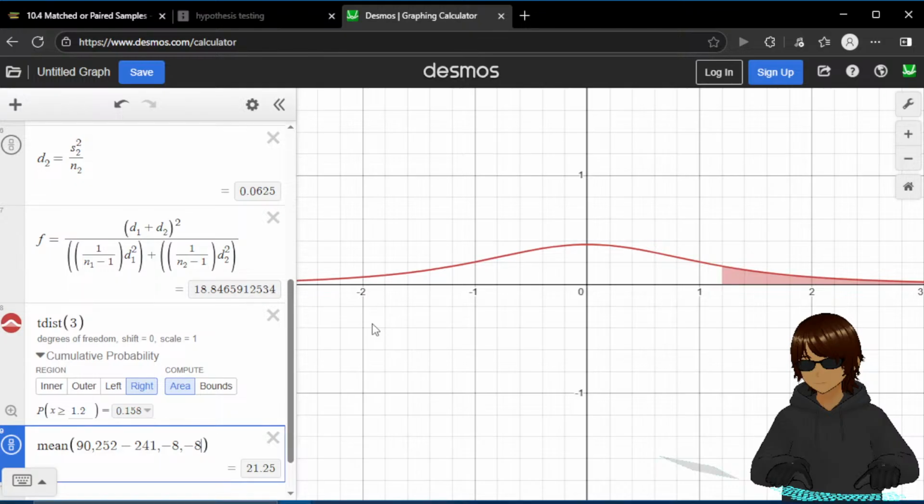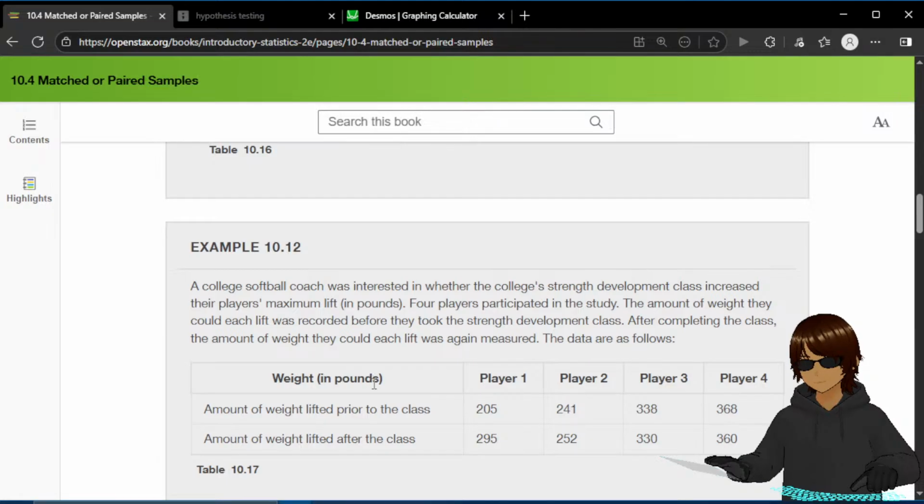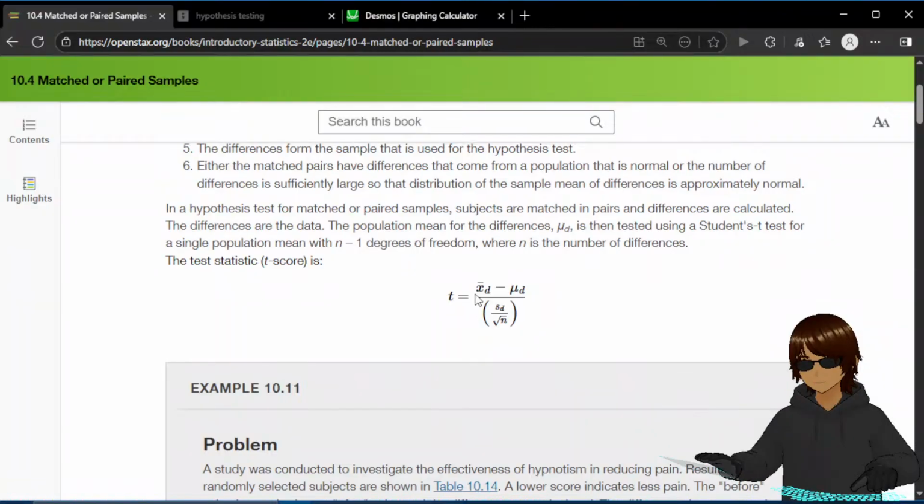The mean is 21.25. And then we have the standard deviation, which is 46.7. The t score is x̄d, so the mean.